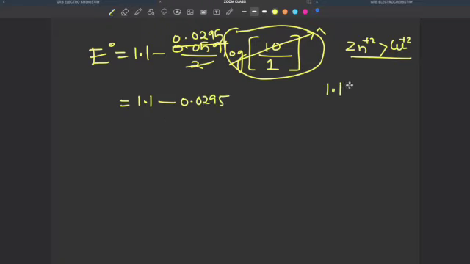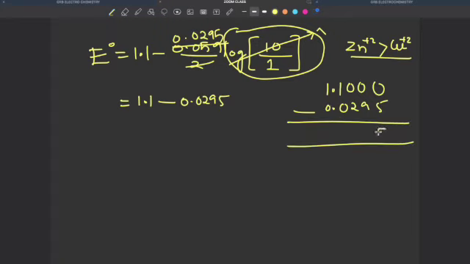So 1.1000 minus 0.0295, it would be less than that. 5, 9 minus 9 is 0, 9 minus 2 is 7, this is 9. So this is the value we got. Now this is E, not E naught.